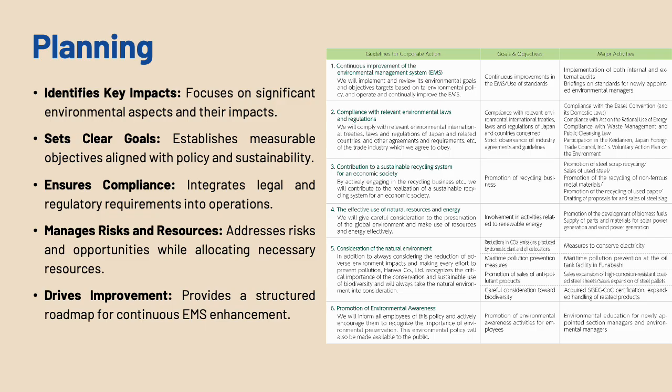Next is actually looking into managing risks and resources. Because once you know there are areas for you to improve, you need to know what their risks are and whether you have resources to allocate for the efforts or the activities.